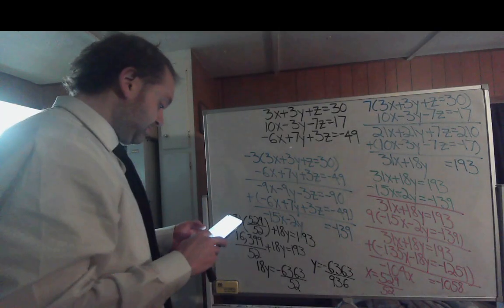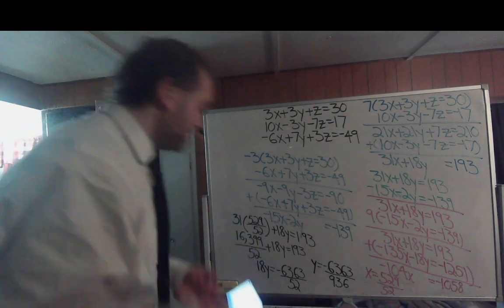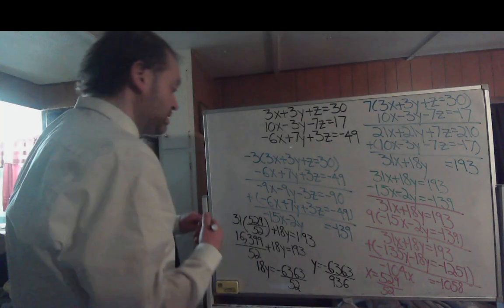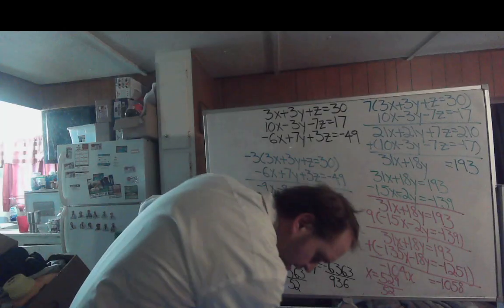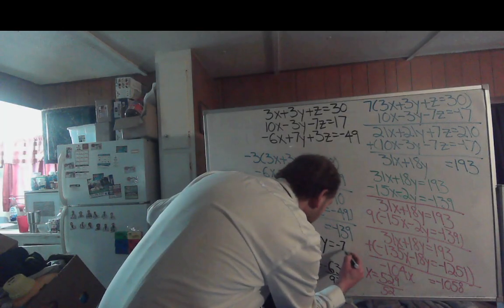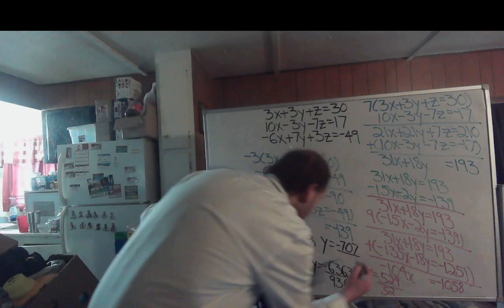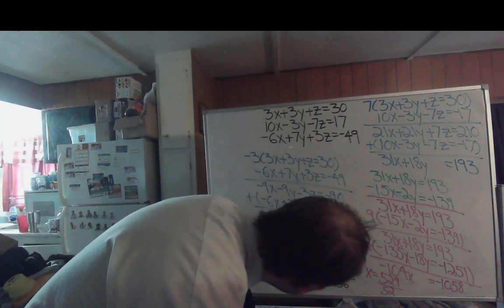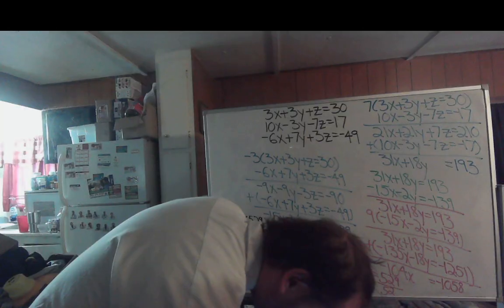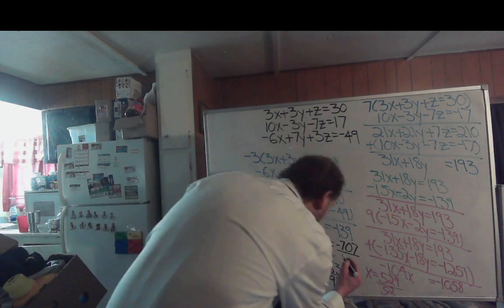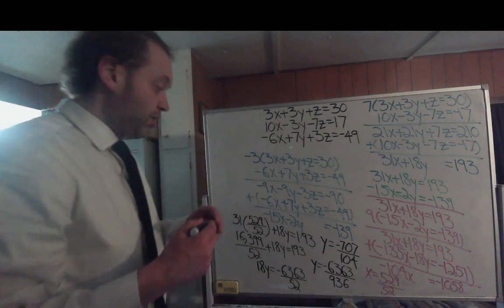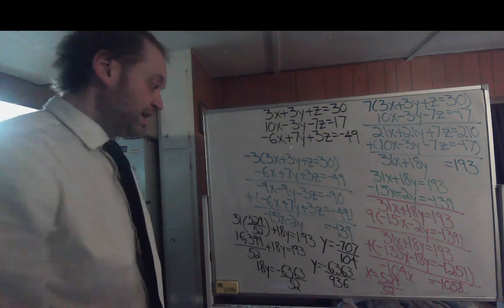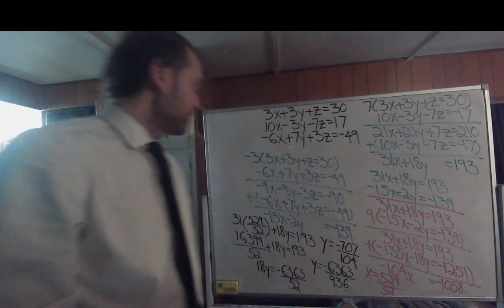So 63 divided by 9, that's going to give you a y value of negative 707 over, 936 divided by 9, 104. It's looking a little bit better, but still pretty horrific. Negative 707 over 104.